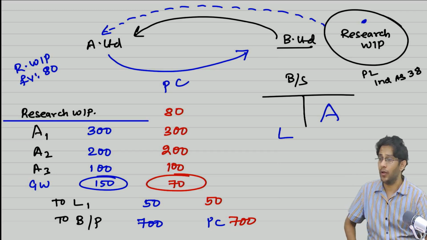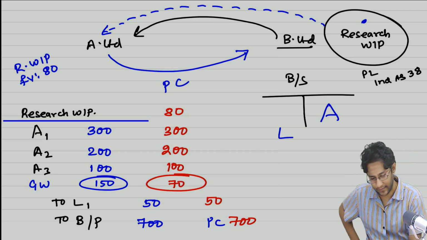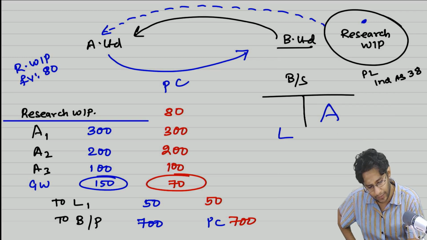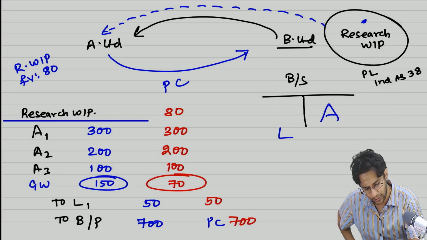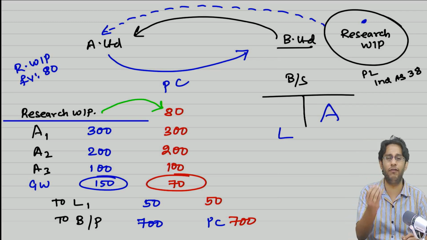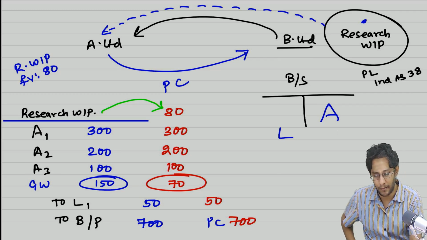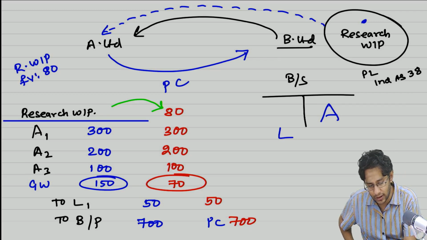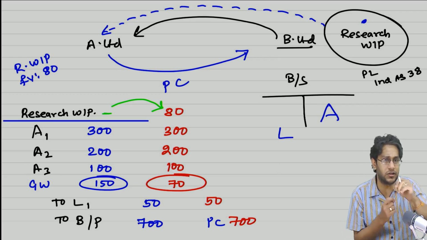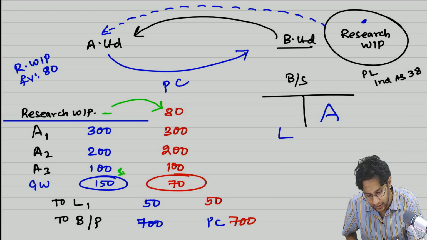Now, how our standard thinks is, if you recognize research WAP as an asset, then in the balance sheet, one intangible asset called research WAP is created, which we will amortize in future. But if you do not recognize research WAP at all, in that case, the amount you paid for research WAP also is getting subsumed into goodwill.